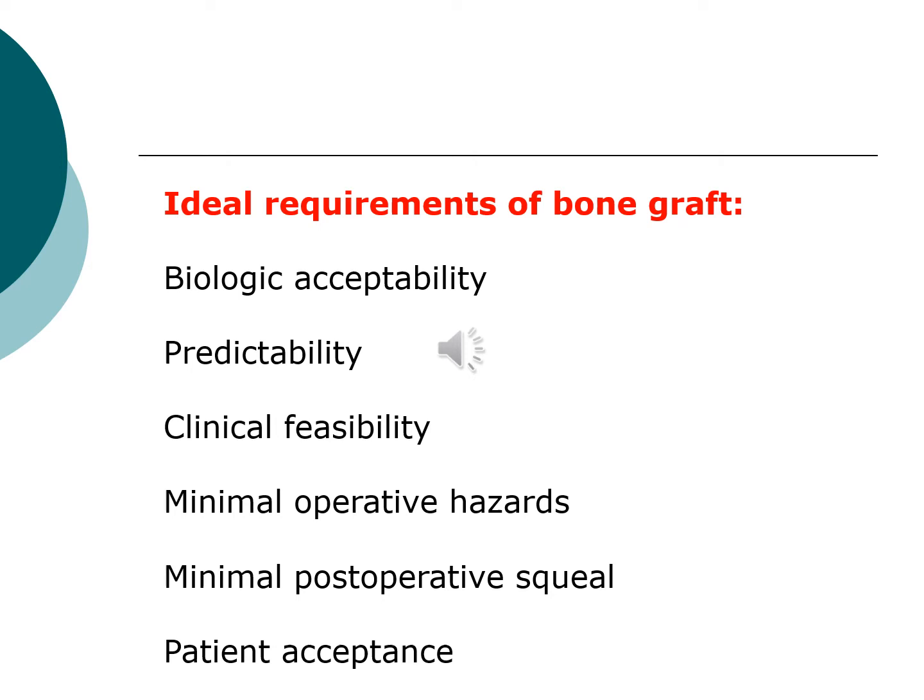It should also minimize post-operative hazards such as sequestration, resorption, and so on. And patient acceptance is also very important because some of the graft materials are from animal origin. So when you are using such a graft, it's always better to tell the patient what form of graft material you are using.